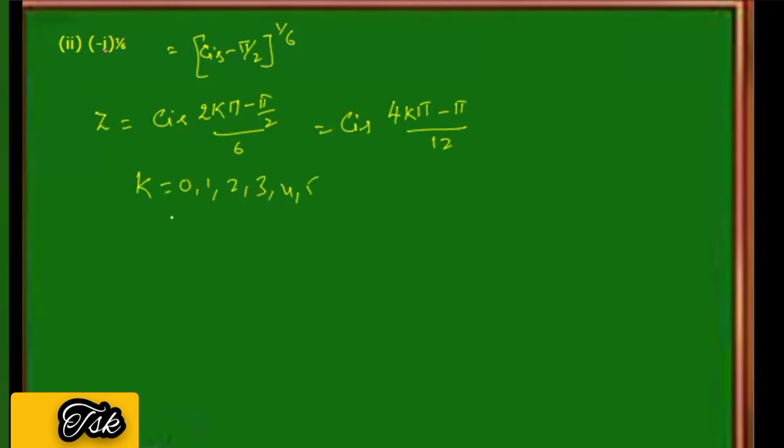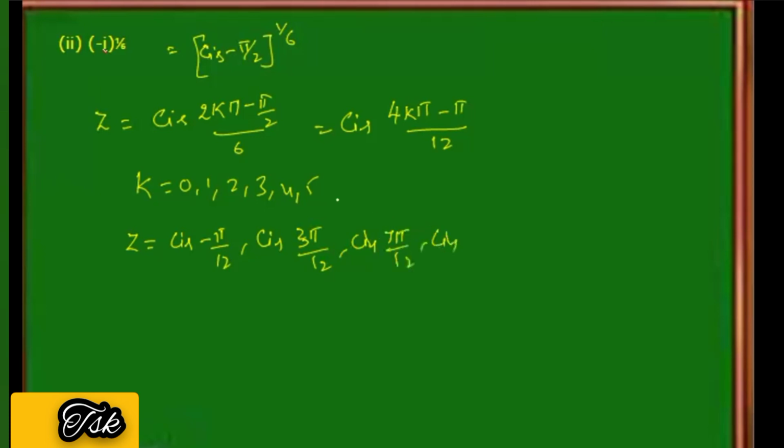For this, we'll have 6 roots of z, that is cis minus pi by 12 for k equal to 0. When you put k equal to 1, this becomes 4 pi minus pi, which is 3 pi by 12. And then cis 8 minus 1, 7 pi by 12.